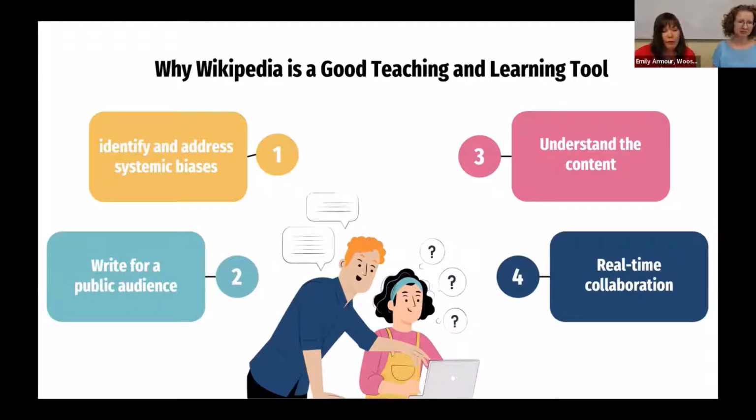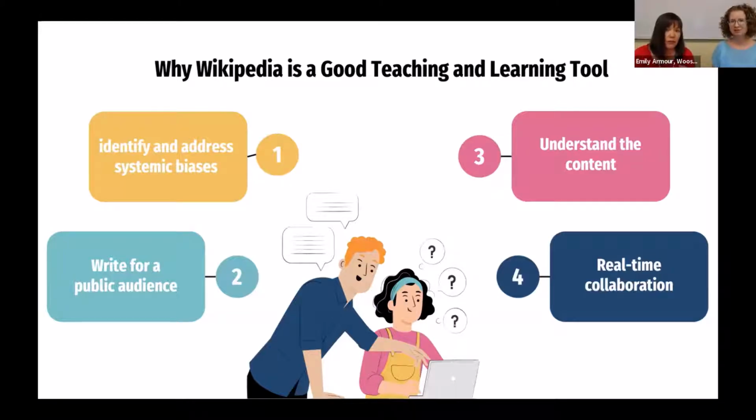Number two, writing for a public audience. That was a pretty big audience I just mentioned, and they can move beyond just their academic peer network, and they're able to share that publicly with someone from their grandmother to an 8-year-old girl, etc. Next, Wikipedia doesn't have a lot of rules, but they do have policies against what they call close paraphrasing.